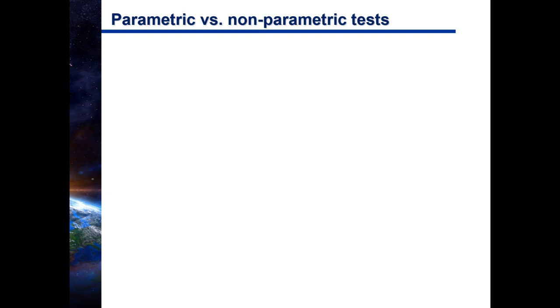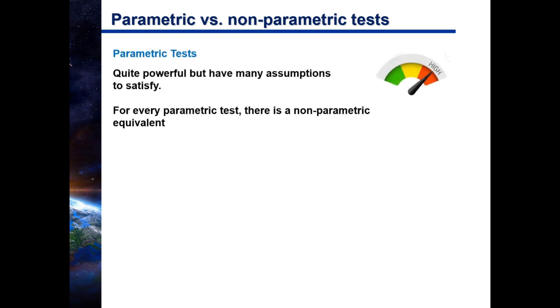So what is parametric and non-parametric? Parametric tests are really powerful tests, but they have a lot of assumptions to satisfy. Now, remember what power is, right? If a test is very powerful, that means you have a better chance of detecting a real treatment effect.